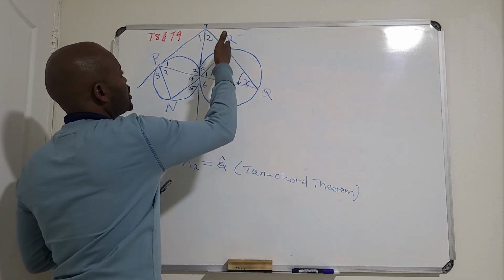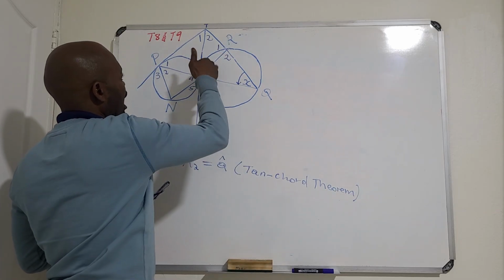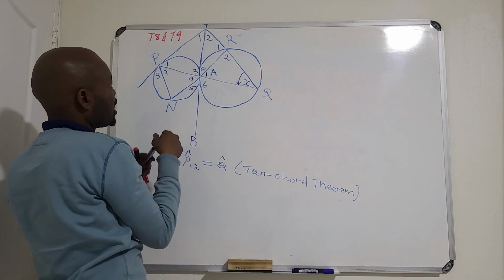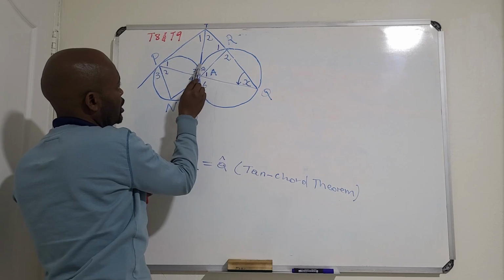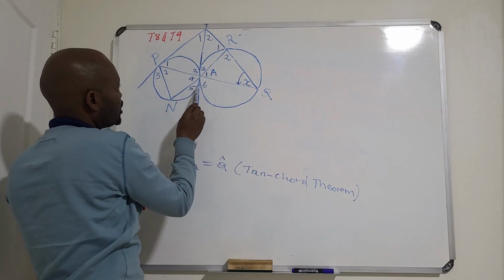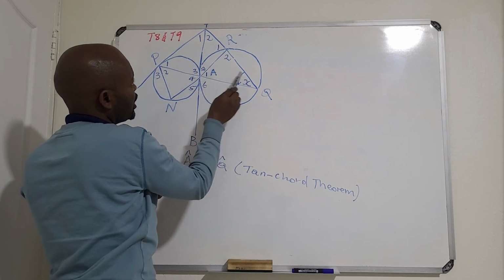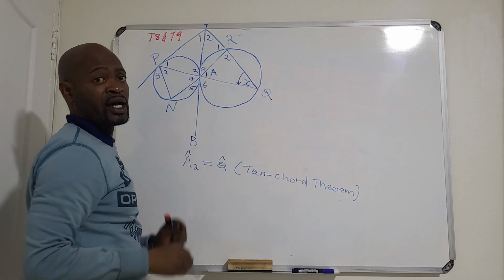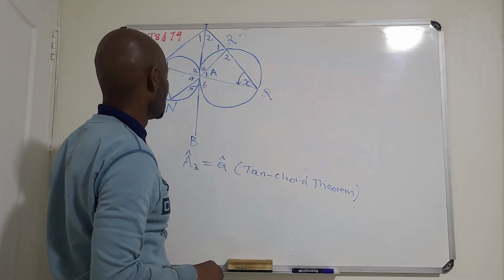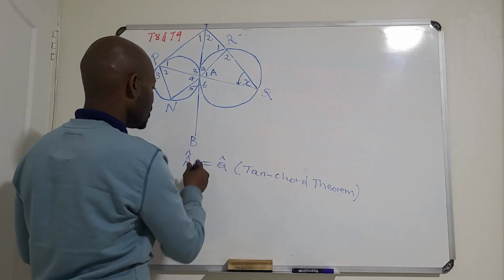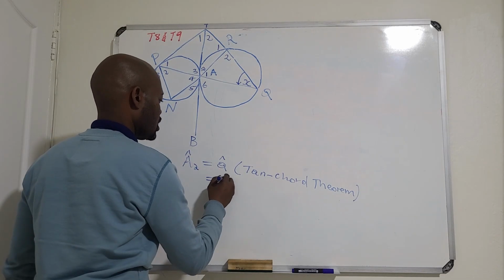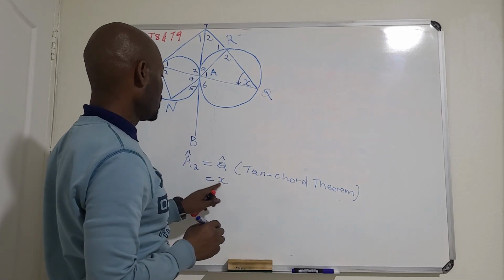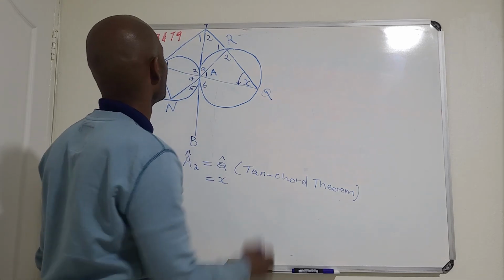Because this chord makes an angle with this tangent, therefore this angle is equal to the angle in the alternate segment. Therefore, since we know angle Q is equal to x, A2 is also equal to x.